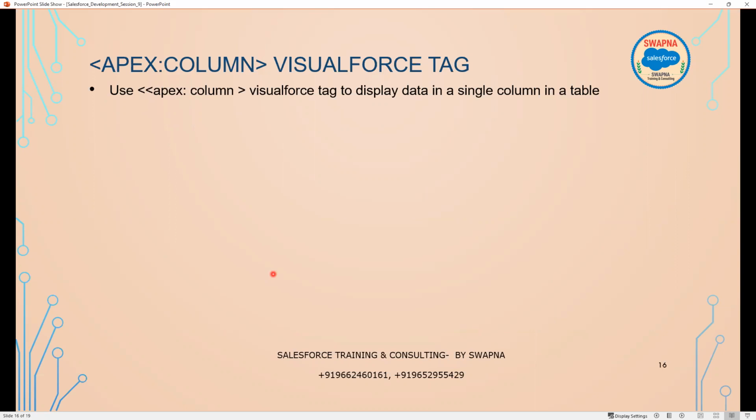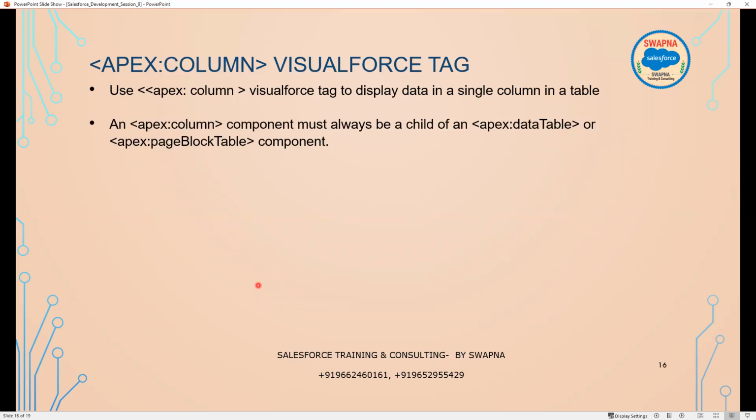Apex column is used only within the apex:pageBlockTable. Right? An apex:column component must always be a child of either a data table or a page block table. Only these two tables can be the parent component; apart from these two, we cannot use it in any other parent component.